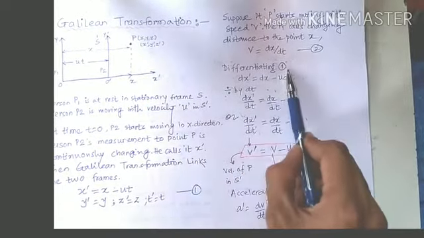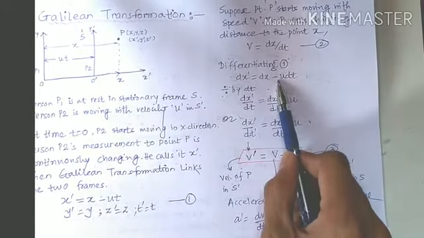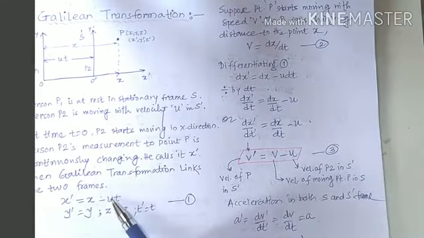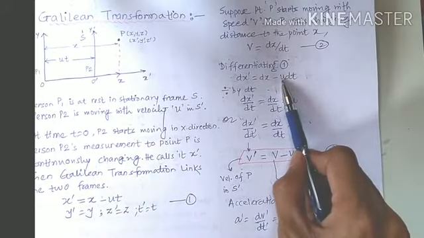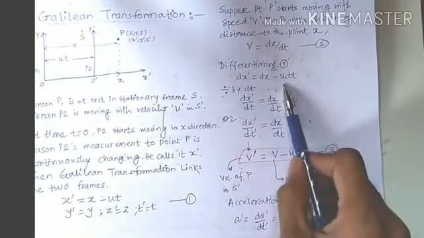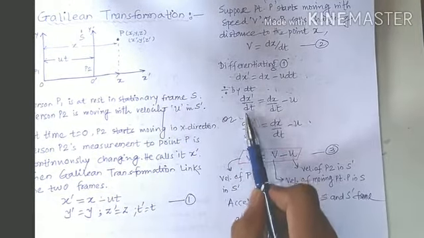Now differentiating equation number 1, we get dx dash equals dx minus u dt. Okay, u we have kept as it is, but t we have written as dt. Why have we kept u as it is? Because this is a velocity which is a constant. Okay, and now dividing this equation by dt, we will get dx by dt.